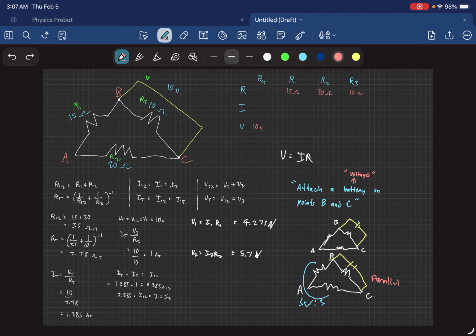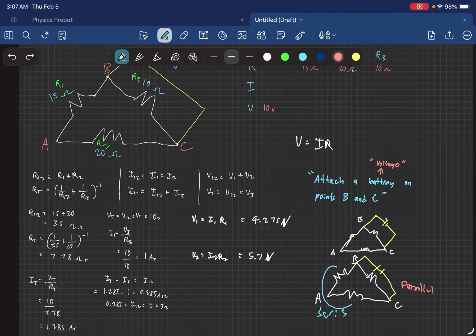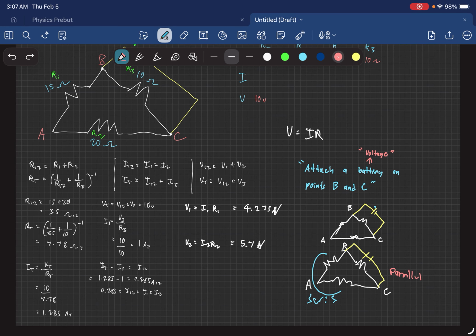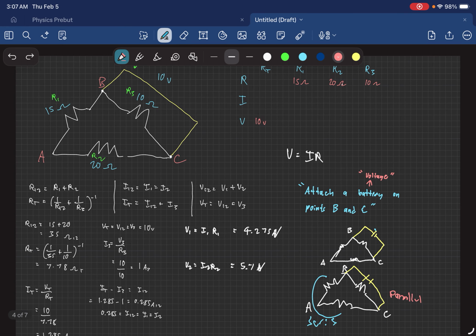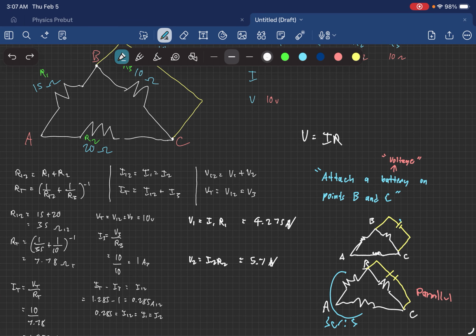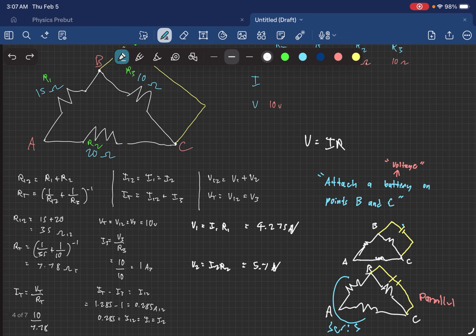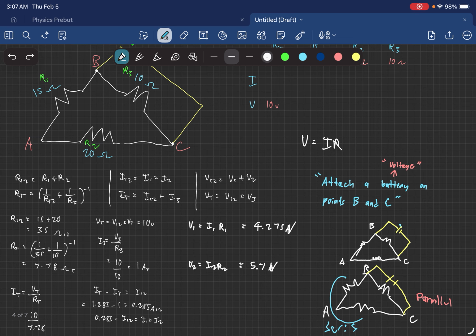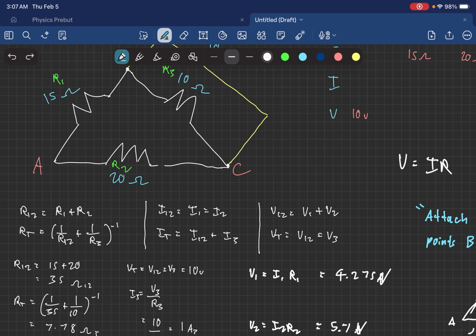Okay, let's go back. Now that we discussed that, let's structure our equations. This is what my teacher taught me, Mr. Medrano. We have R1 and R2 in series.